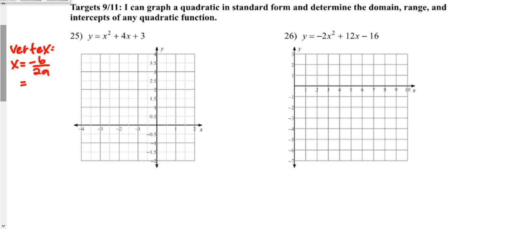So that would be -4 over 2, which is -2. So that gives you the x coordinate to your vertex, and you can plug that into your calculator to figure out what the y coordinate is going to be. And I'm getting -1. So -2, -1. And then the a value is 1, so this just follows the 1, 3, 5, 7 pattern.